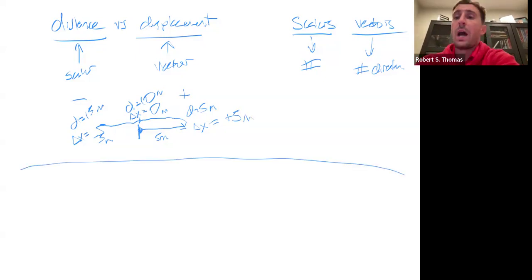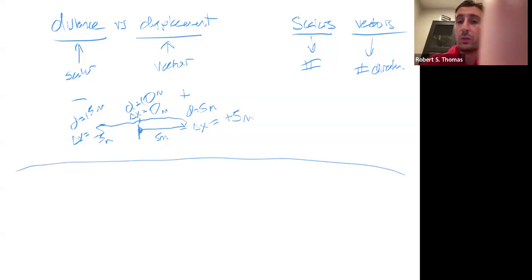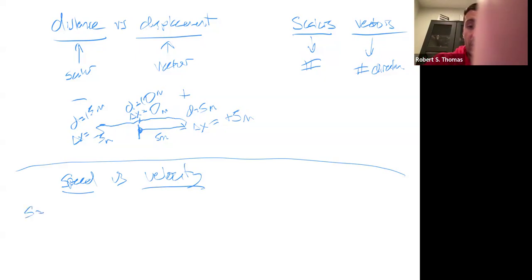Now, what you're going to use this for is speed versus velocity. All right, these equations are on your quiz and they're on the board. So speed is just distance over time, while velocity is displacement over time.